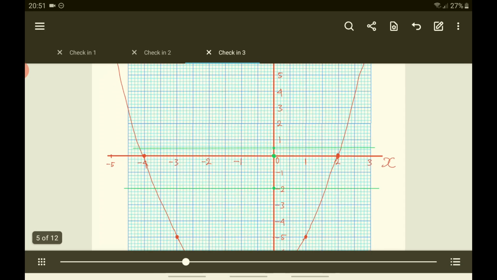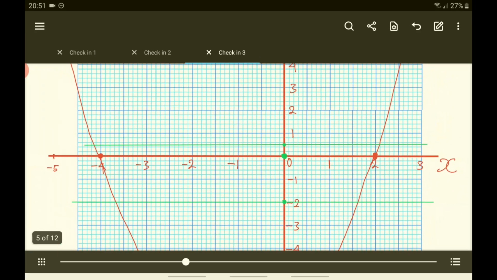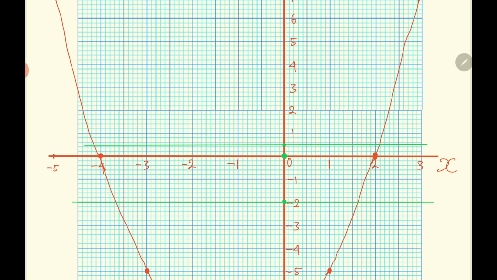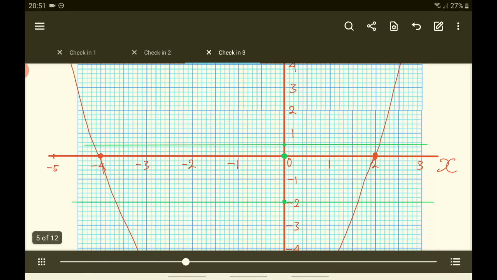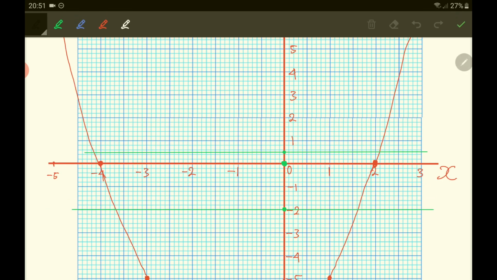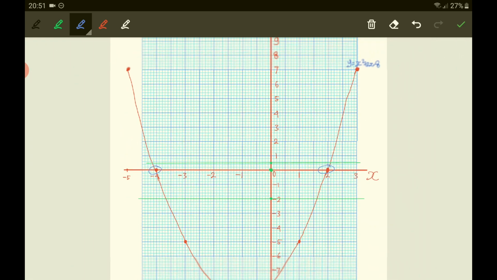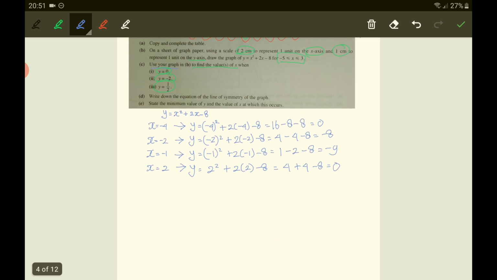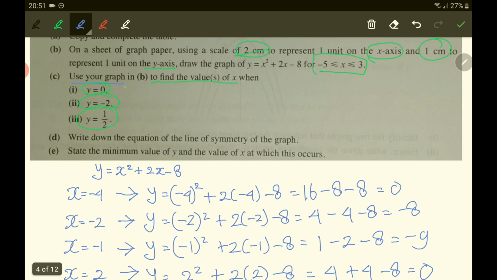Okay, so when y equal to 0, x here is equal to -4 and 2. So we have two values of x when y equal to 0. I want to write here with red: x equal to -4 and x equal to 2, like that.